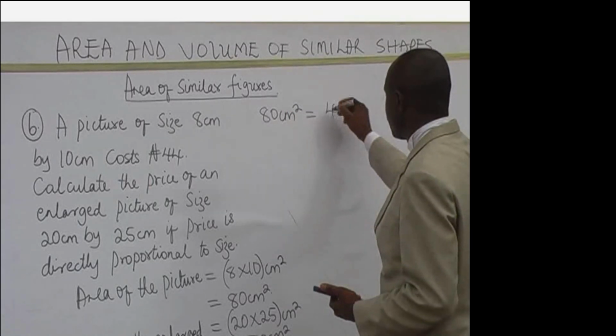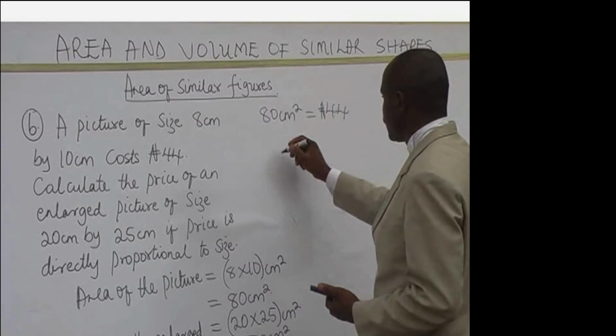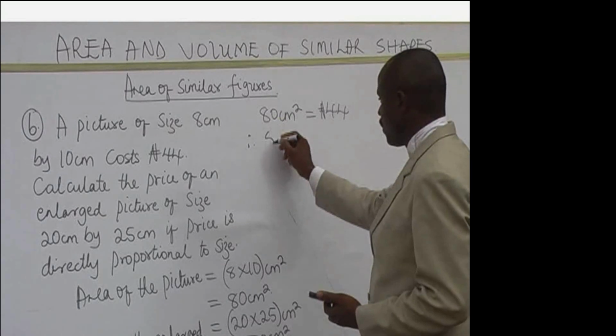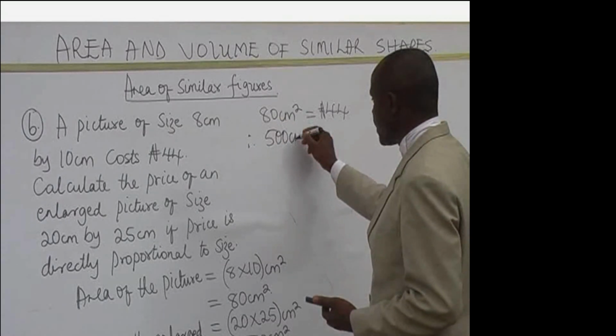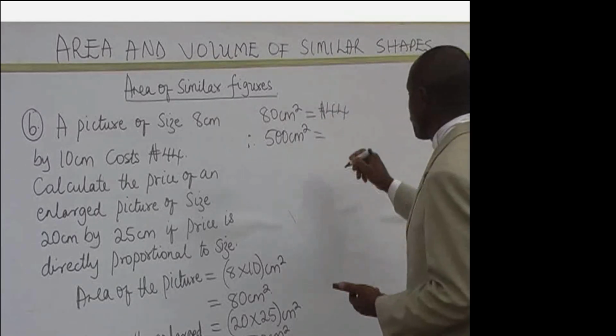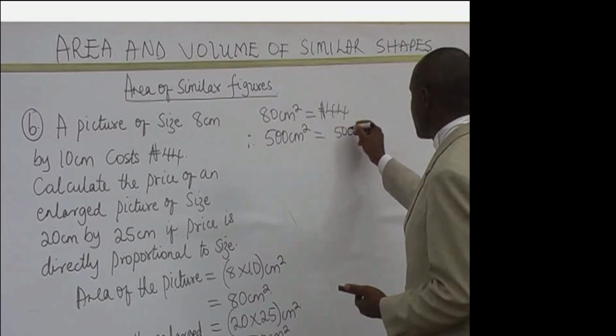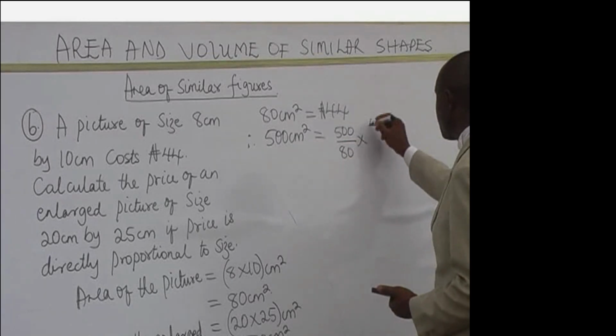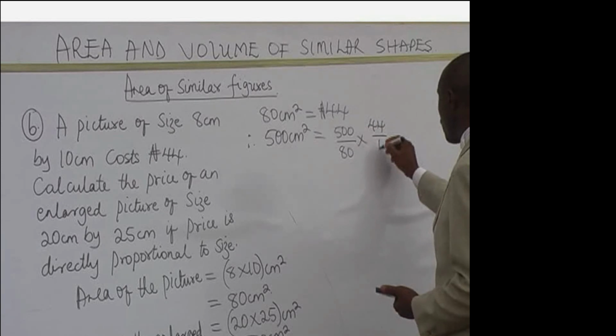Now, if 80 centimeters squared costs 44 naira, therefore 500 centimeters squared will cost 500 divided by 80 times 44 all over 1.